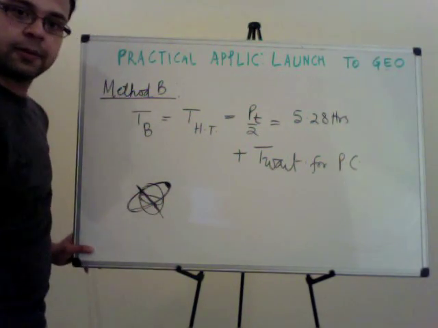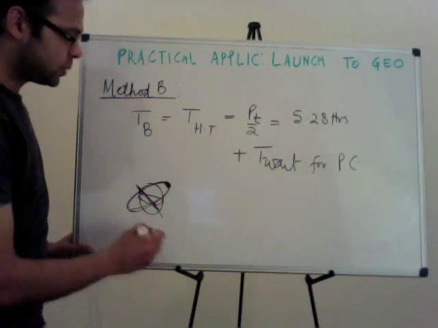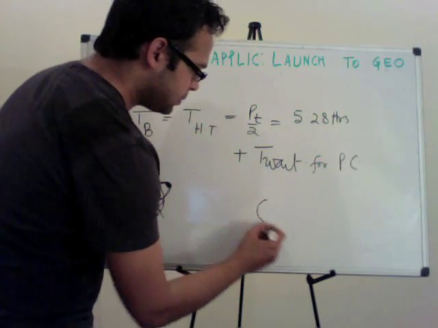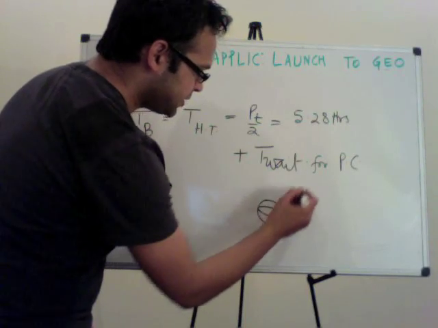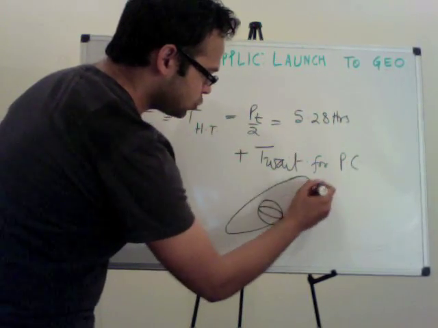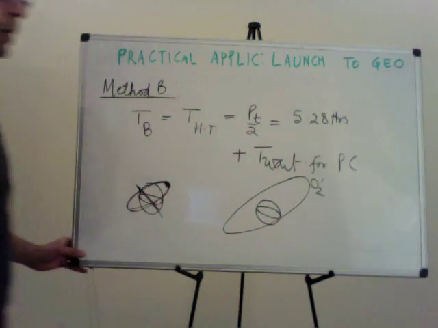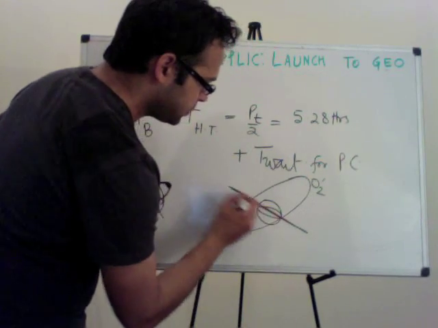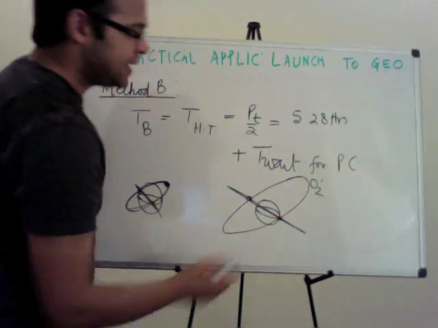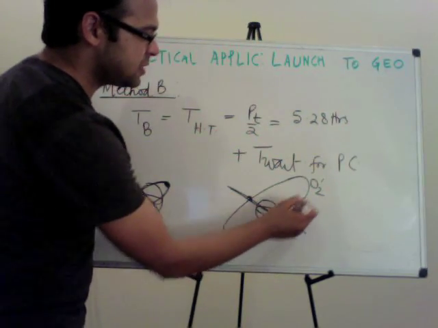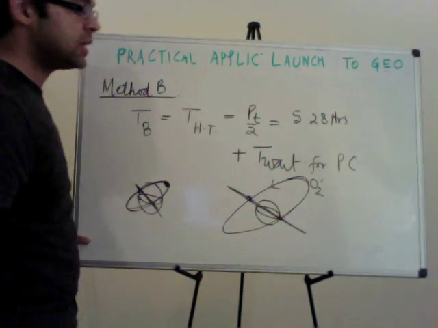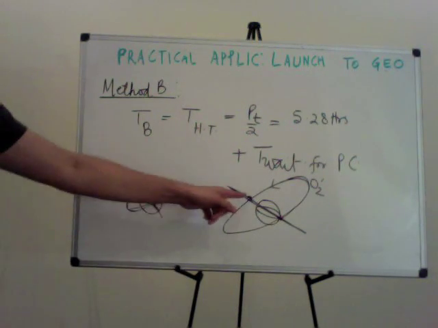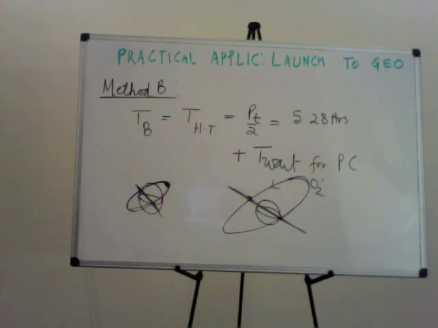This is the waiting. Okay, but in method B, I'm in this big orbit. This is O2 prime, right? So my line of nodes is the same. I need to wait until I get here or here. So obviously it's a bigger orbit, the speeds are slower, it will take more time to get there, right?